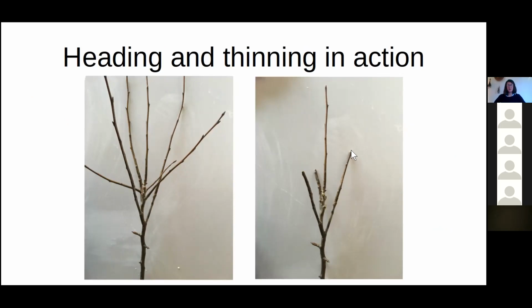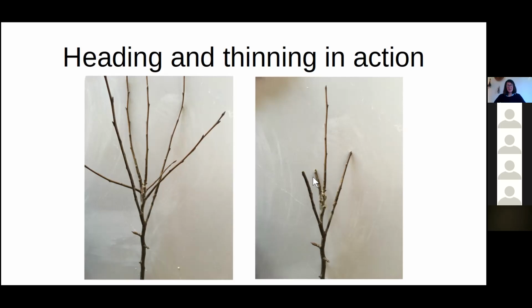So I've cut those branches back by 2/3 in this case. And I have thinned, this central area is quite congested. I have thinned that out by taking out 1, 2, 3, 4 branches right where the branch meets, or I guess where I could say the shoot meets the branch. Sorry, a lot of these terms really overlap.